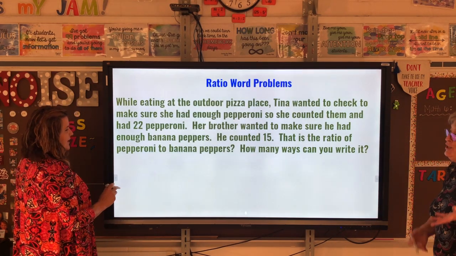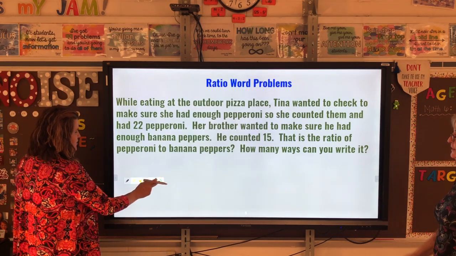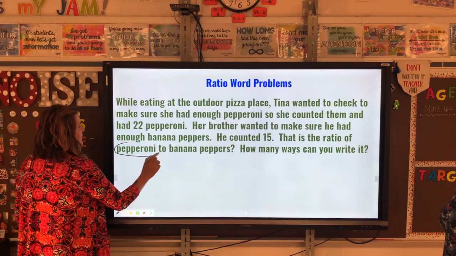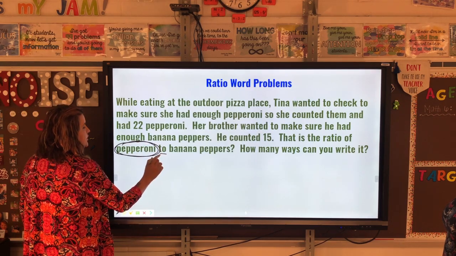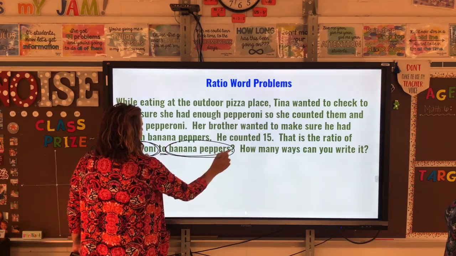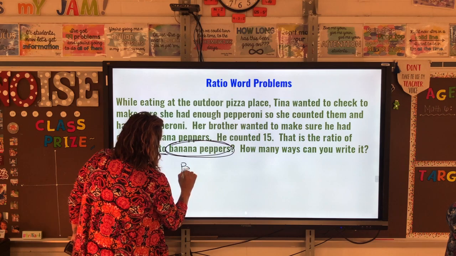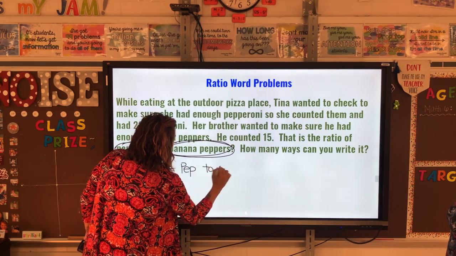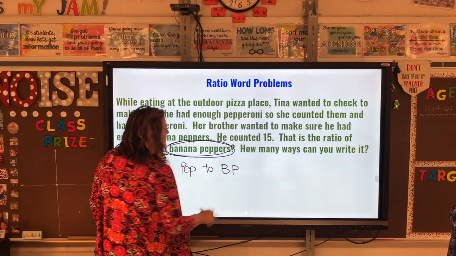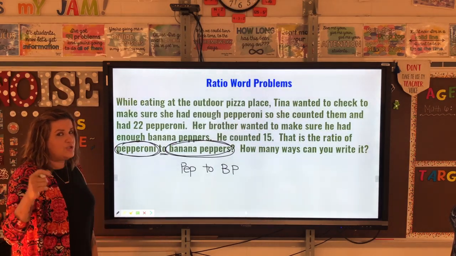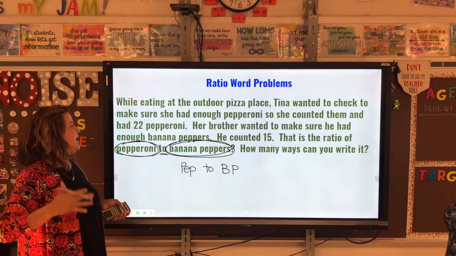But that's what they like to do. They give me all those words just to make sure I can read. All right, so we want pepperoni to banana peppers, right? I'm going to shorten this to banana peppers. You can make these little notes to yourself because it's really you working out the problem.